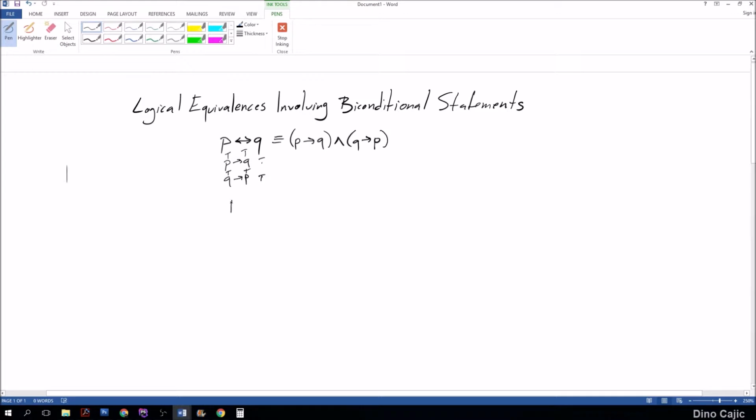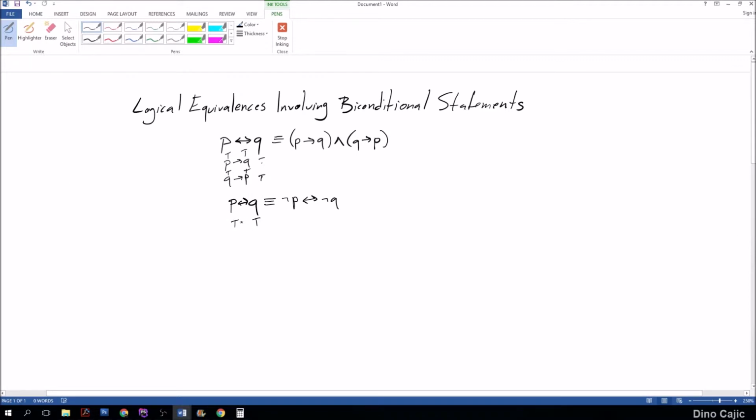The next one going down is P if and only if Q is equivalent to not P if and only if not Q. Basically, we're taking the opposite values of these, and that's going to be identical to whatever this produces. So let's look at something quick.